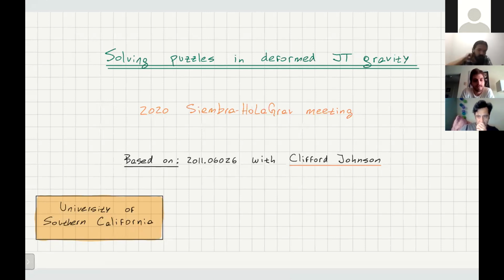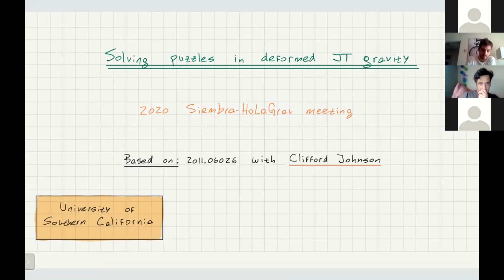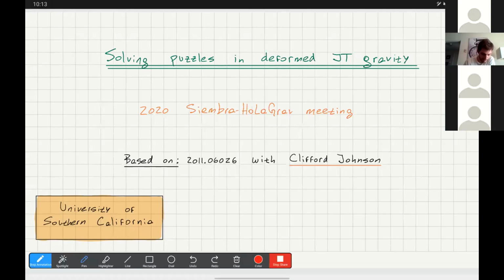So as Gaston already said, I'll be discussing this recent paper, in collaboration with Clifford Johnson. This is the arXiv number if you're interested. Before showing you anything, let me tell you the main motivation and result of the paper.